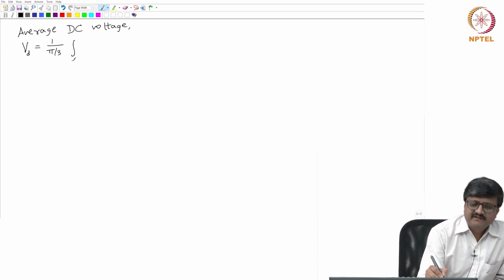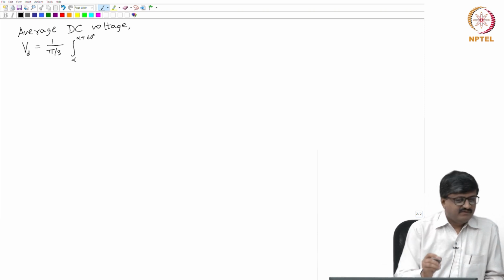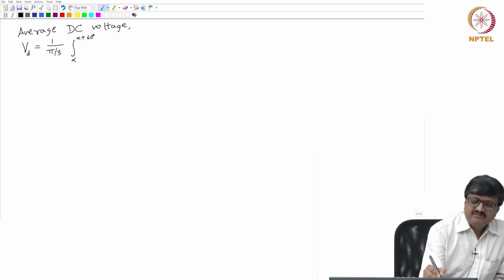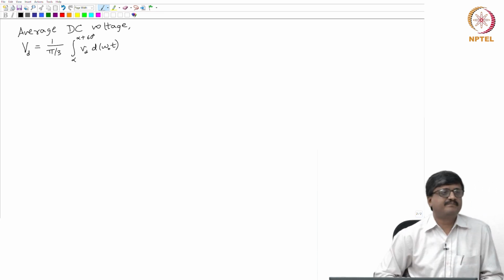So, the first interval is from alpha to alpha plus 60 degrees. If I take the first interval from the table, I have to just substitute for the instantaneous Vd. So, it is the integral from alpha to alpha plus 60 degrees of Vd with respect to omega Ot, divided by pi by 3.